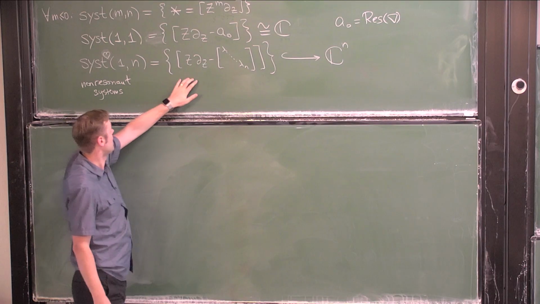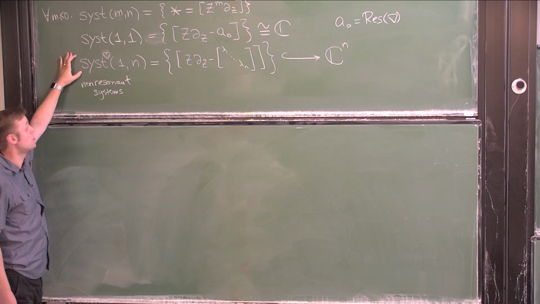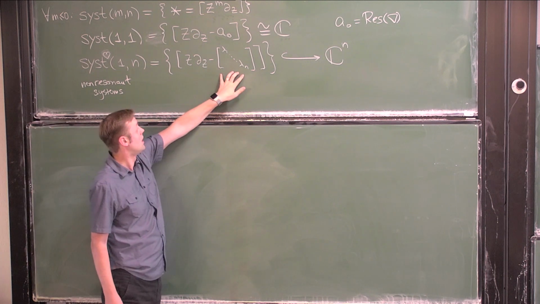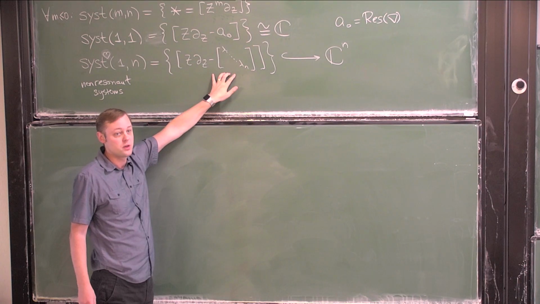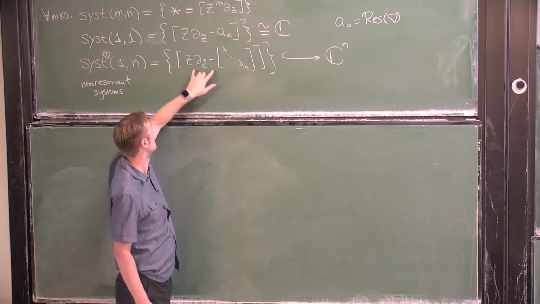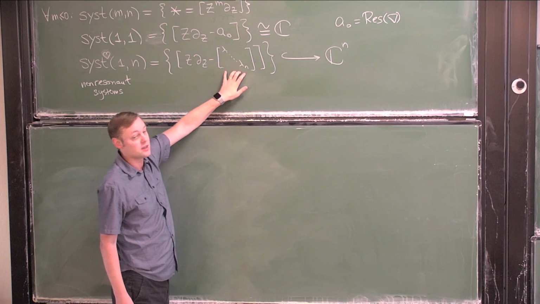The reason this open dense subset is so nice is because every non-resonant system does have a well-defined normal form. You can reduce it to a normal form using gauge transformations. And the normal form is very appealing. You just have a diagonal matrix of the eigenvalues of the residue.